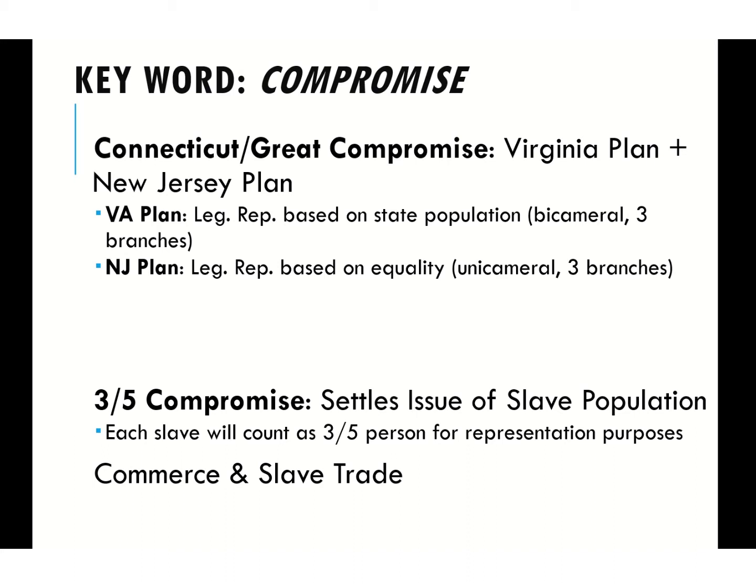It was bicameral, 3 branches, like what we're looking at today. The New Jersey Plan, based on equality, it was unicameral, still had 3 branches, but only 1 unit of Congress. The compromise took the bicameral concept from the Virginia Plan, created the House and Senate. The House based on population, the Senate based on equality, a combination of the Virginia and the New Jersey plans.